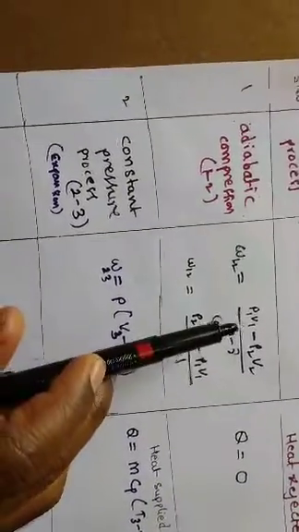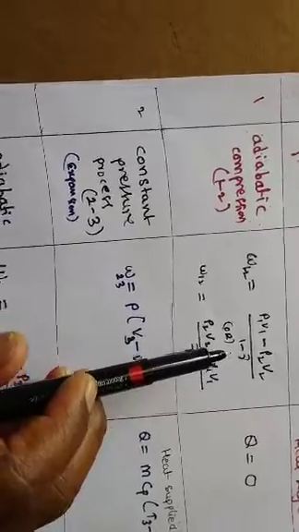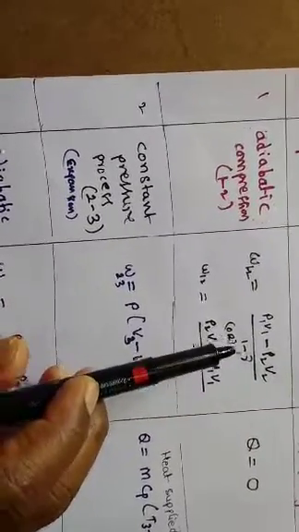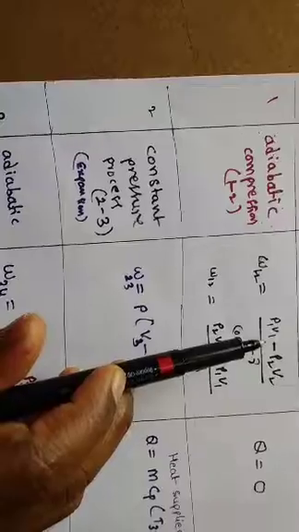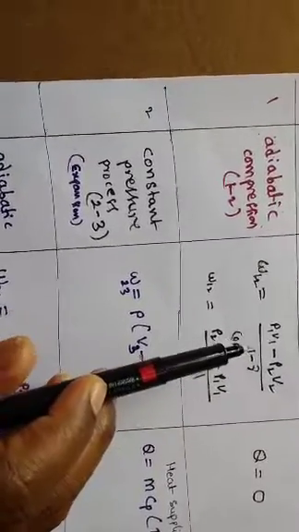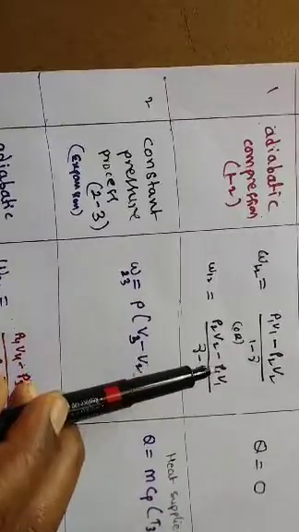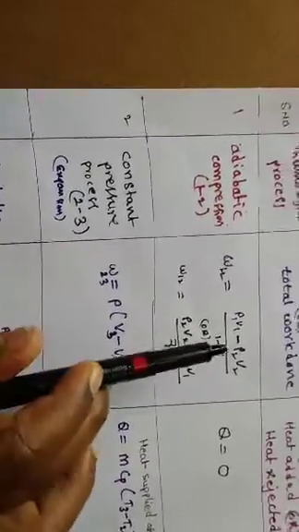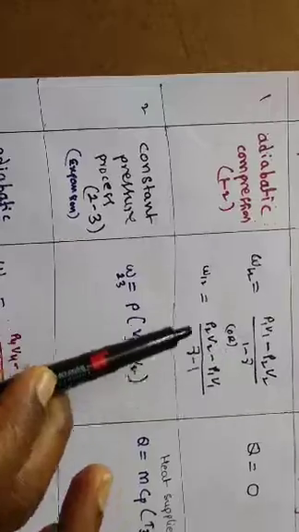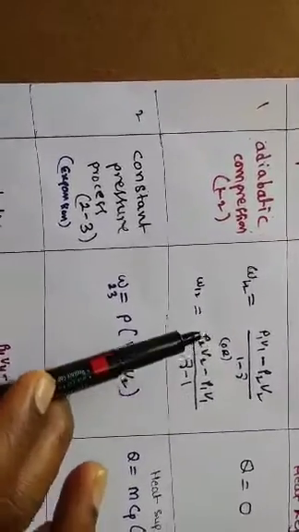So that's why P1 V1 minus P2 V2 by 1 minus gamma. If we multiply the numerator and denominator by minus, it becomes P2 V2 minus P1 V1 by gamma minus 1.